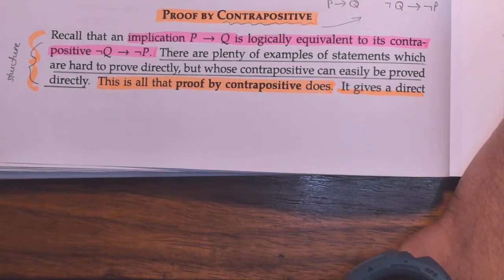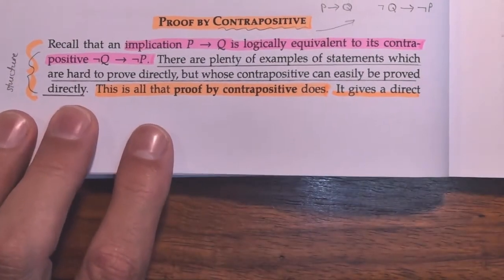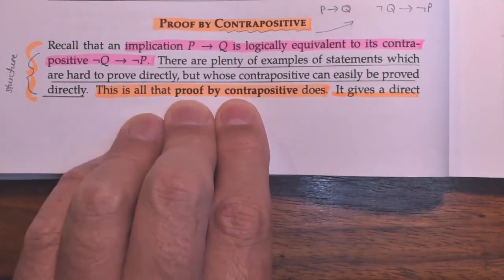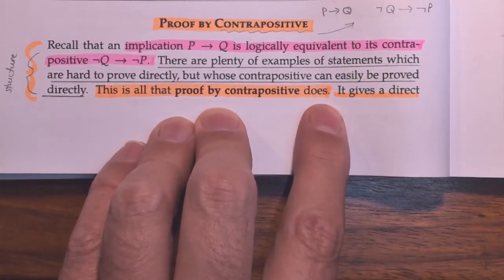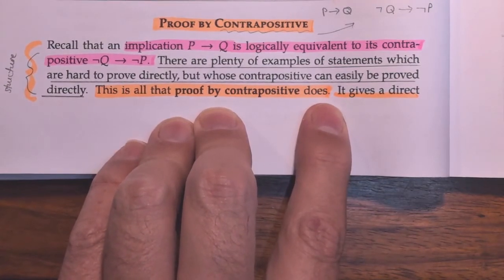There are plenty of examples of statements which are hard to prove directly, but whose contrapositive can easily be proved directly. This is what we call a proof by contrapositive, and that is what it does. It proves something by proving the contrapositive.